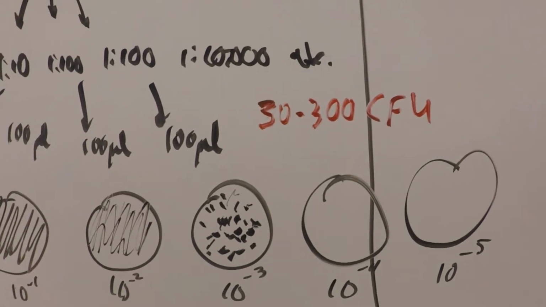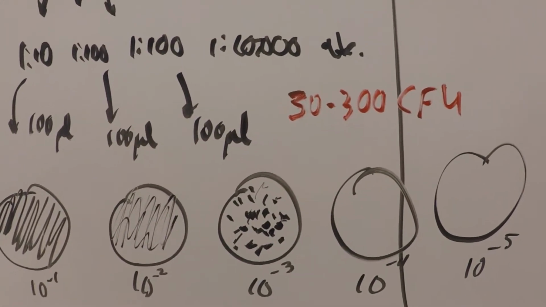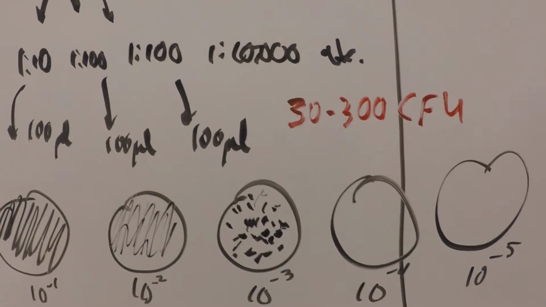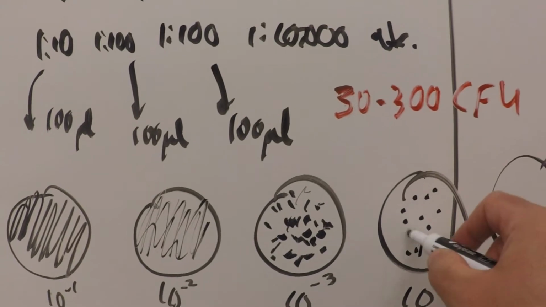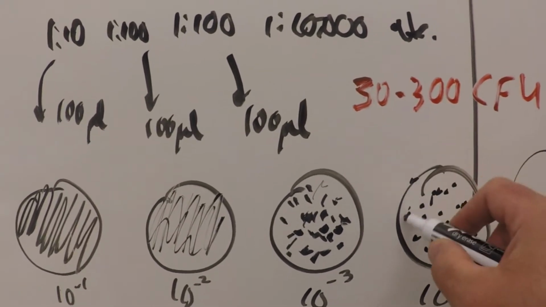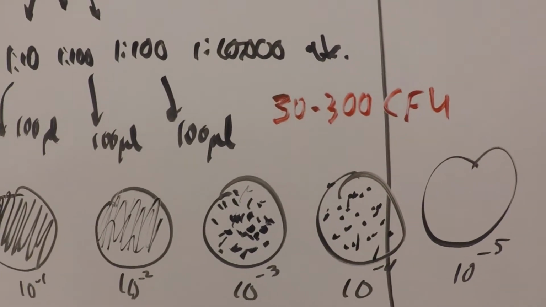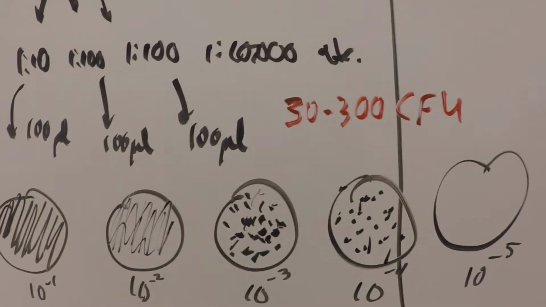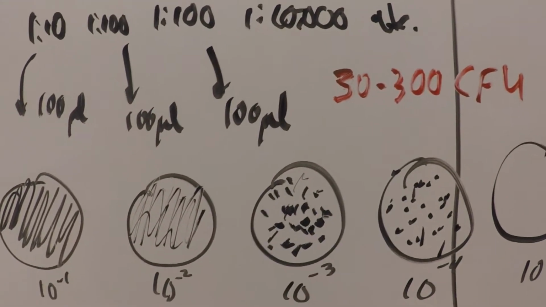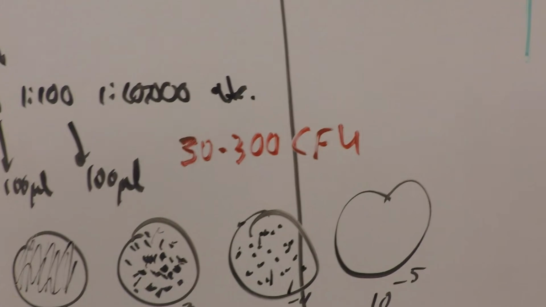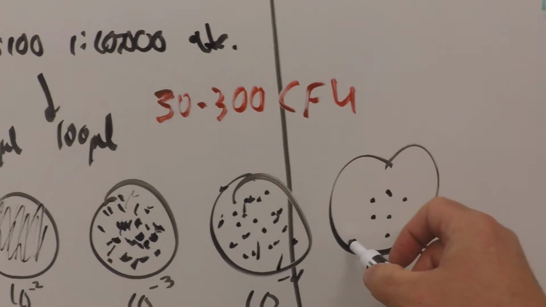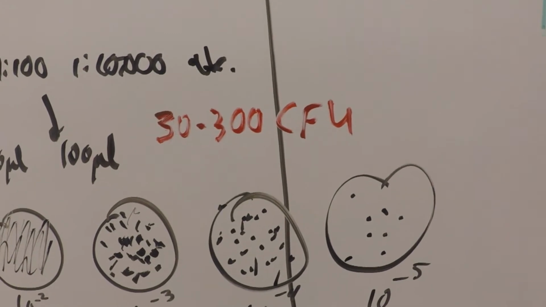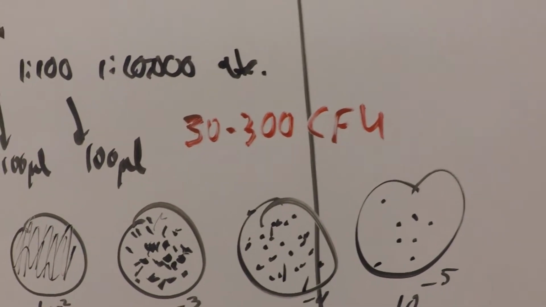So let's pretend, in this case, we count these colonies, we get a value of 62. Okay. When we look at these colonies on this last plate, we get 1, 2, 3, 4, 5, 6, 7, 8, 9 or so.